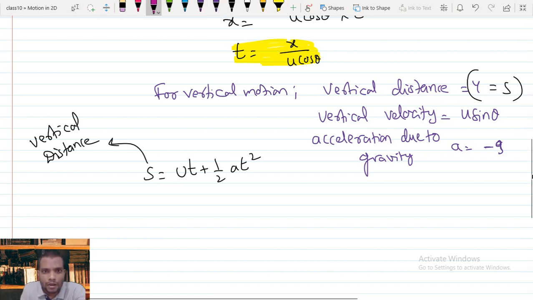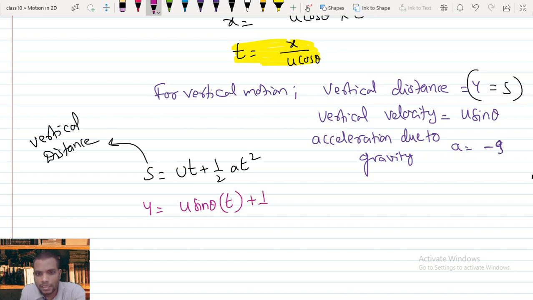Now I will change this expression by substituting: y equals u sin theta times t plus half times negative g t square.